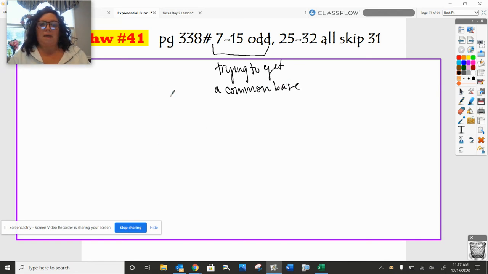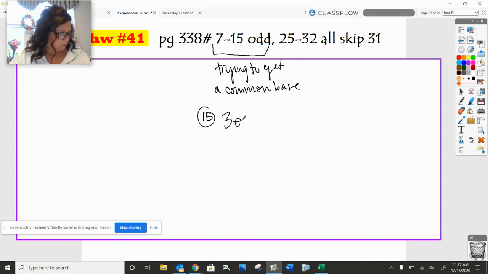And then if you get a common base, you can set the exponents equal. There is one, and this is number 13. Nope, not number 13. Number 15. The last one of that set.